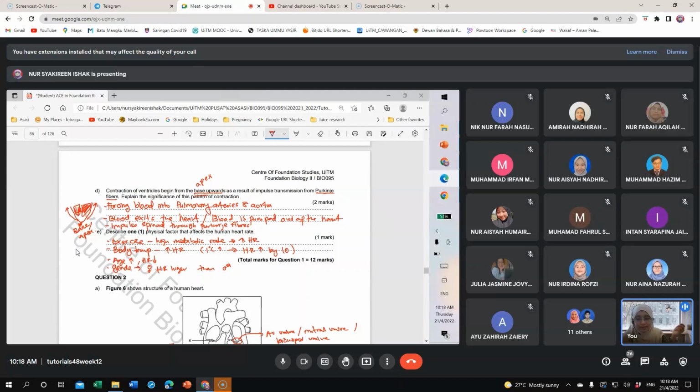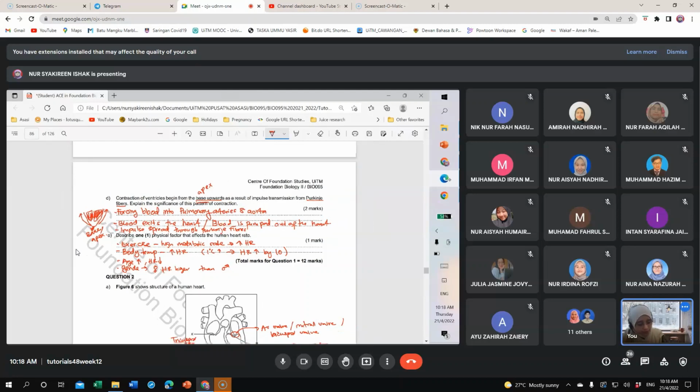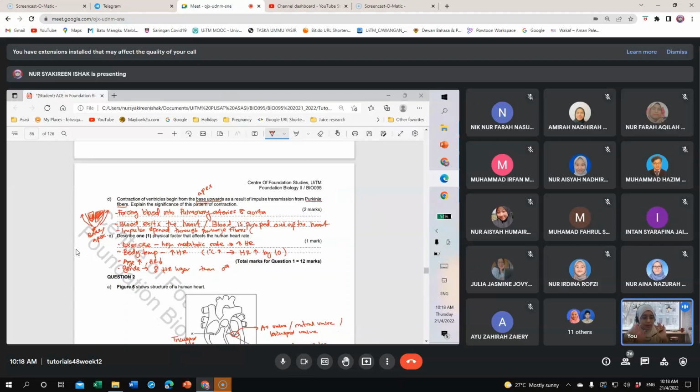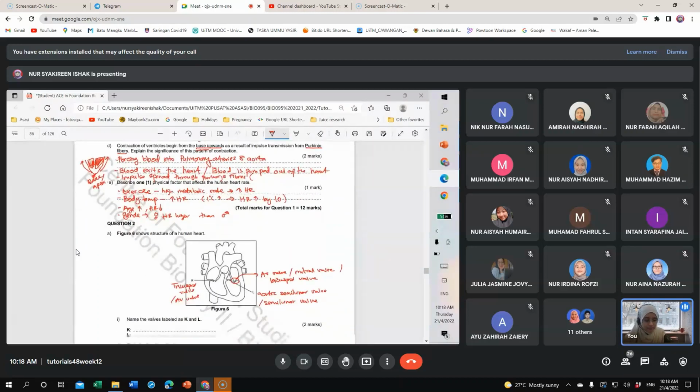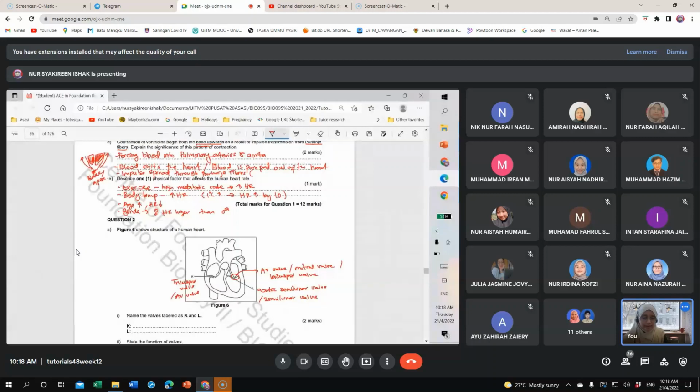Okay, and then impulse spreads through the Purkinje fibers, which is at the wall of the ventricle. Kan, along the wall of the ventricle you have the Purkinje fibers, so the impulse will travel down and then up, causes the ventricle to contract from base upward. Okay, to push the blood out of the heart, because aorta and pulmonary artery dekat atas.